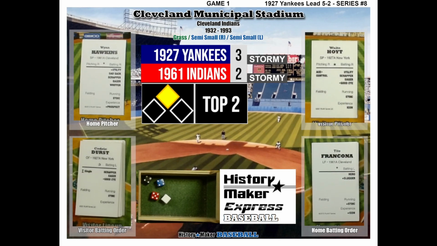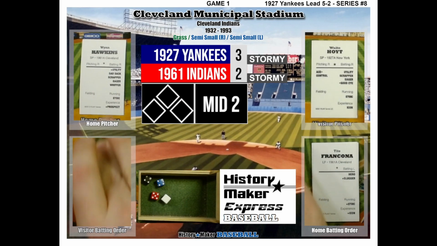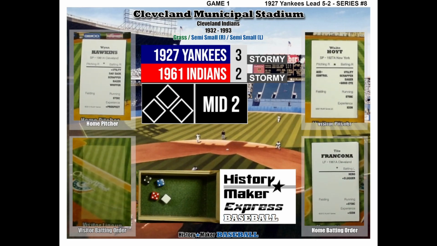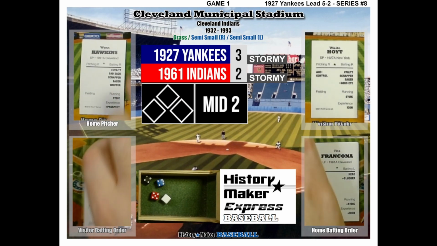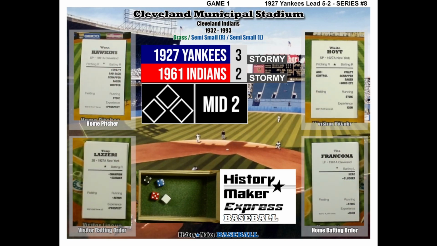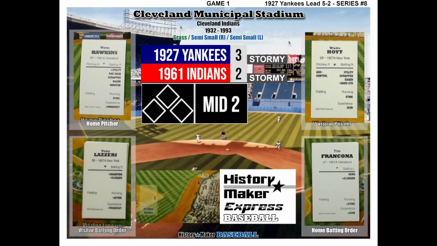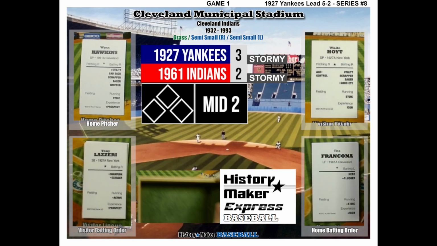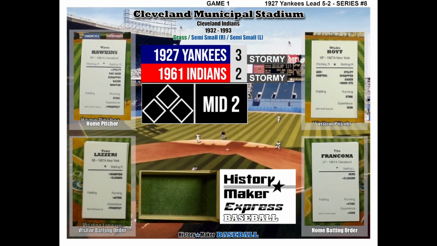So that is going to be a flyout to end the top half of the second, but not before damage was done via a home run and a double from Babe Ruth and Lou Gehrig, setting up the Yankee lead here heading into the bottom half of the second with the score of 3-2 in favor of the 1927 Yankees.